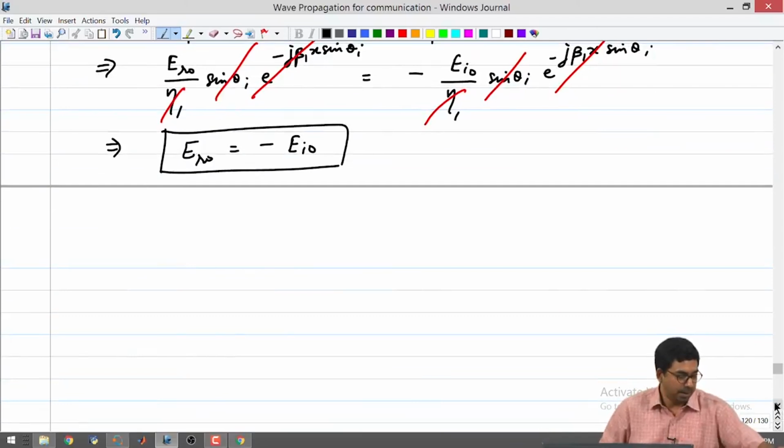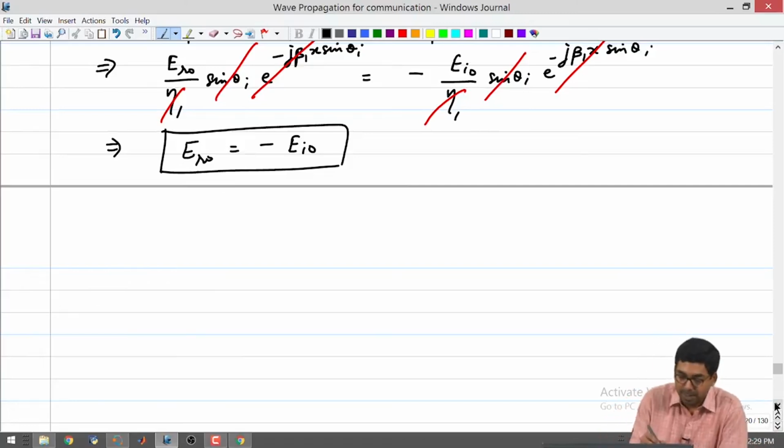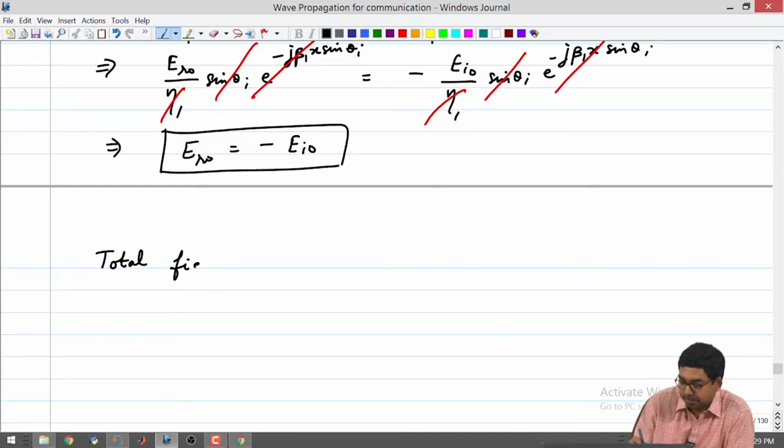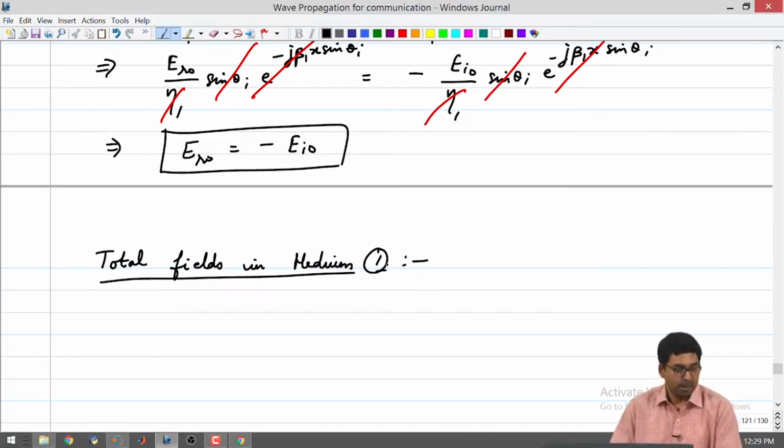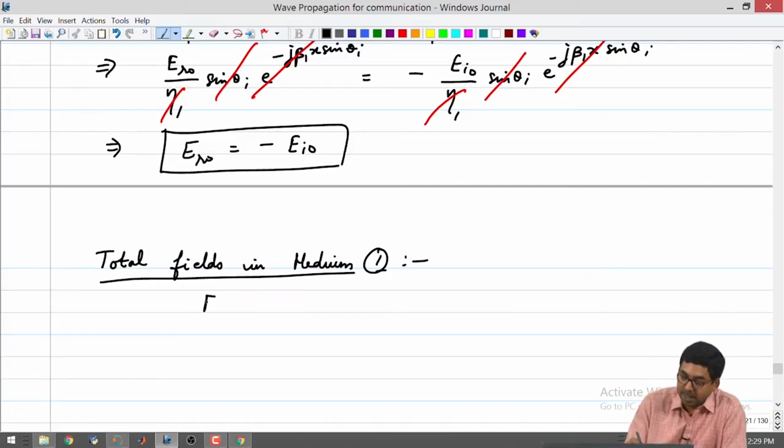So, having got this, one can ask what the total fields in medium 1 are. Suppose I write the field to be equal to EI plus ER.